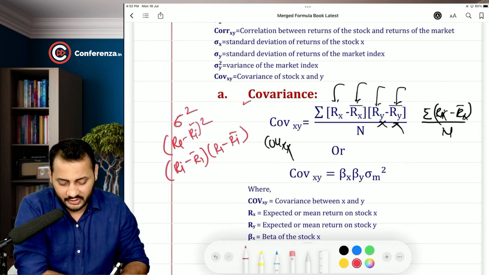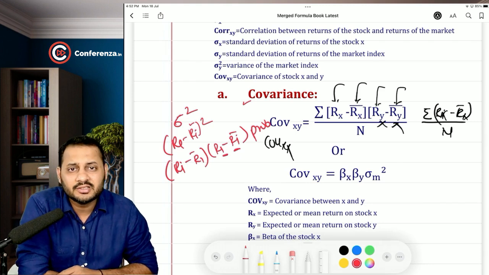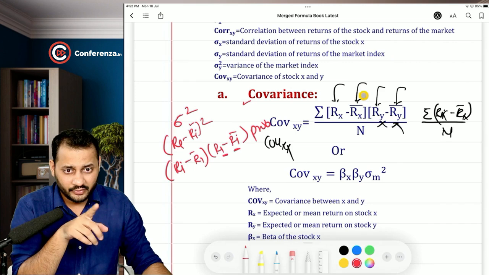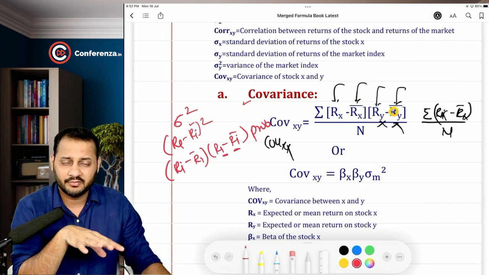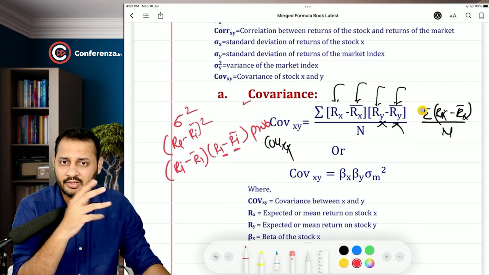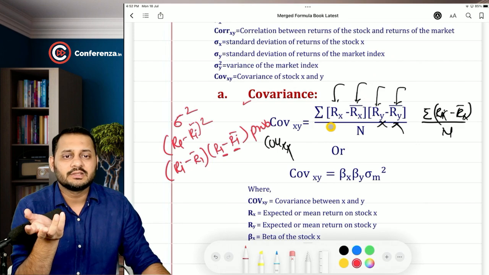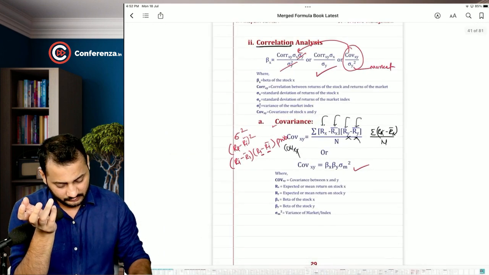What you have to do ultimately is just replace this i with some other security, x with y. So when there are no probabilities given to you, you can use this formula: Rx minus bar Rx, deviation of the x, multiplied by deviation of the y, multiplied by probability if the probability is given, and then summation divided by n. Otherwise, this is the formula that we will learn later on.